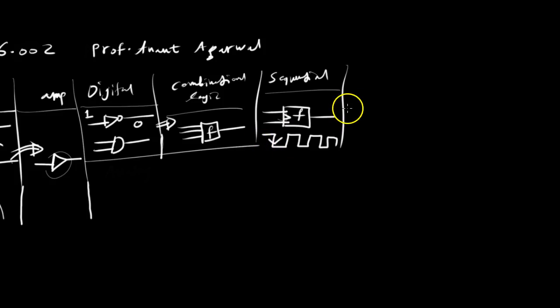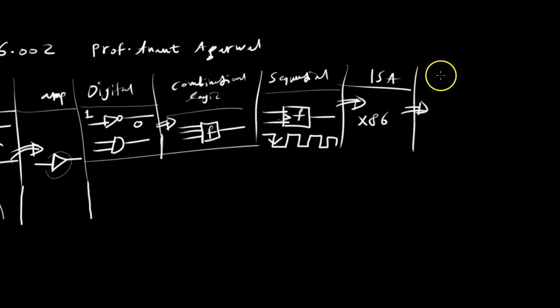And after this, we get to what's called the instruction set abstraction, which x86 would be one example. These are basically assembly languages for microcontrollers. After that we get what's called language abstraction, which would be, for example, Java and C and so on and so forth.